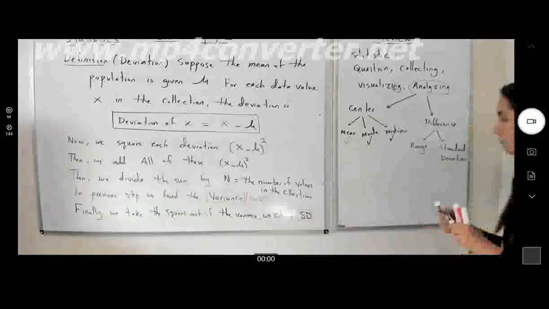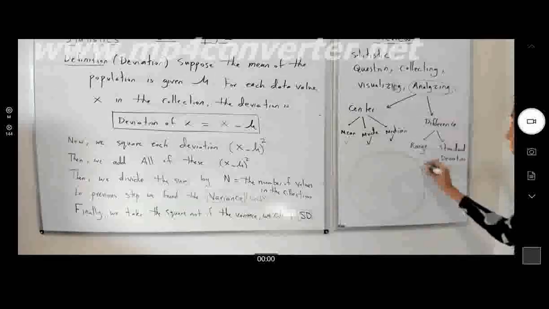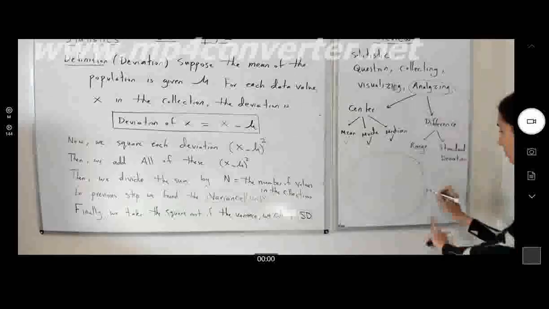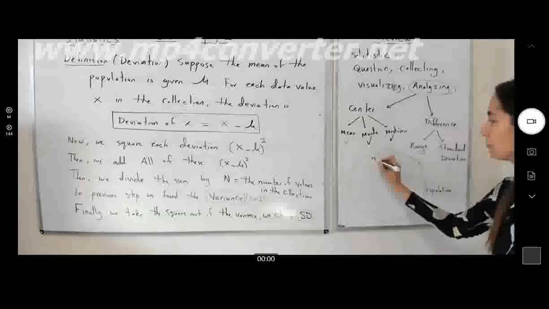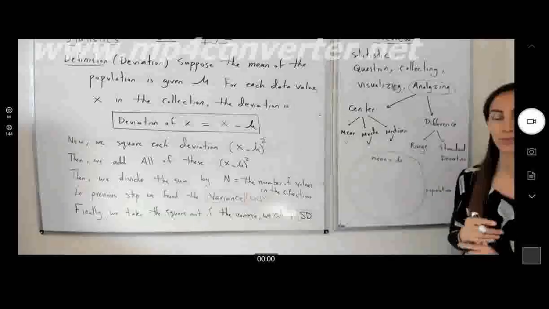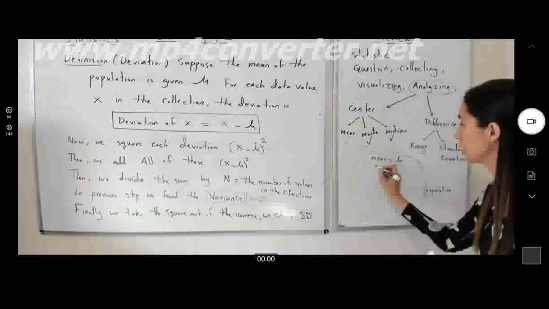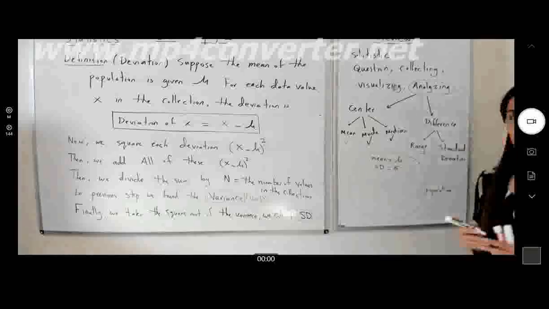Very well, some important symbols for you. Remember that for a population parameter, if you are working with the mean of the population, you denote it by mu. If you are working with the standard deviation of the population, the Greek letter that you're going to use is sigma.